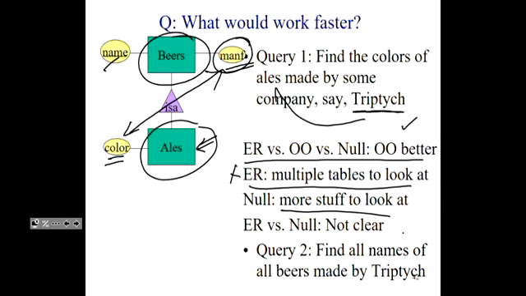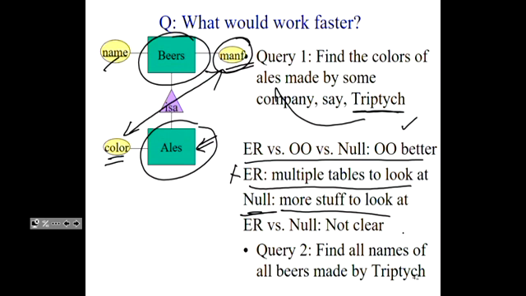Because of that, I'll be looking at a lot of data that's not helpful to my query. Is that clear? Okay. All right, so the null value approach, there's more stuff that doesn't help my query.